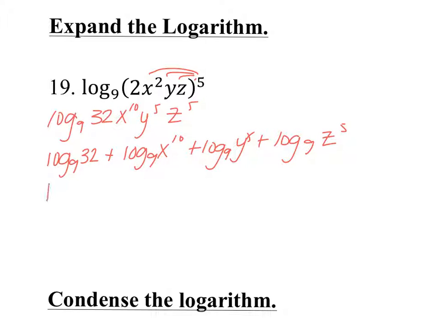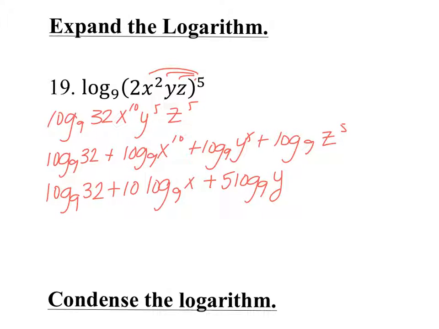So now I have log base 9 of 32 plus 10 log base 9 of x plus 5 log base 9 of y plus 5 log base 9 of z. And I'm done.